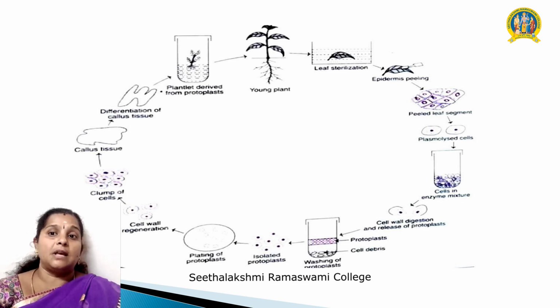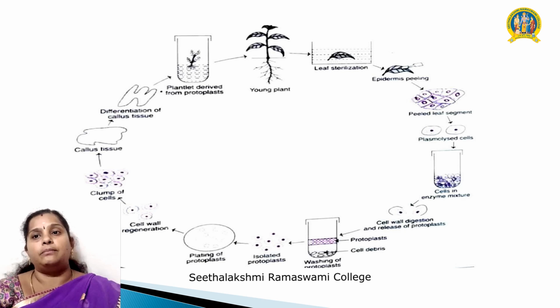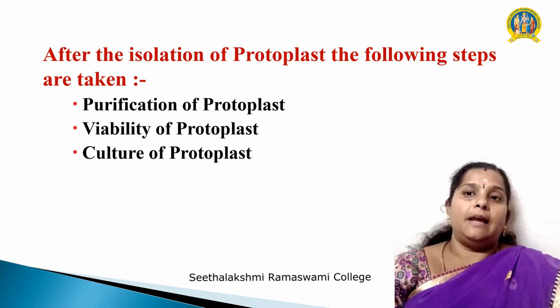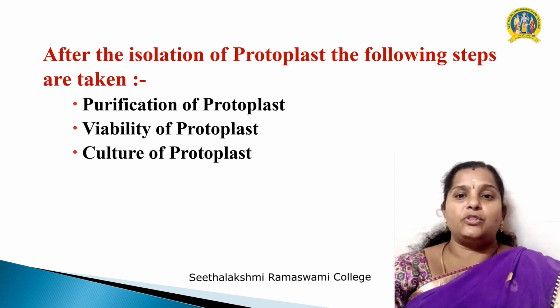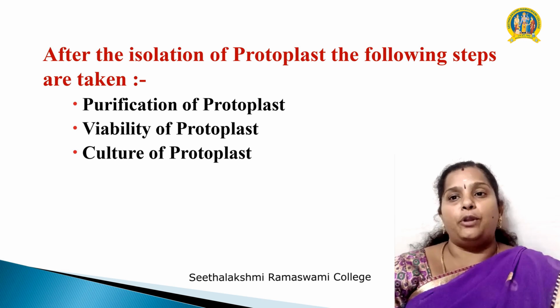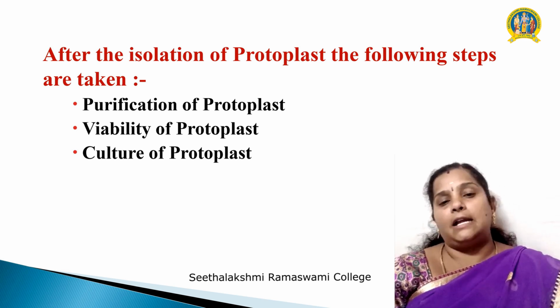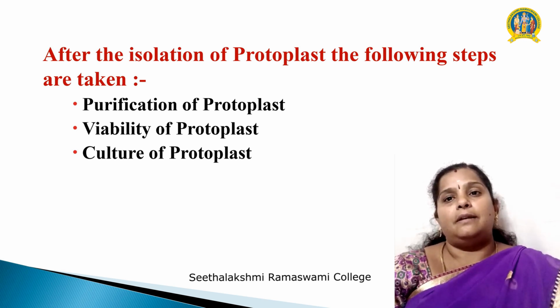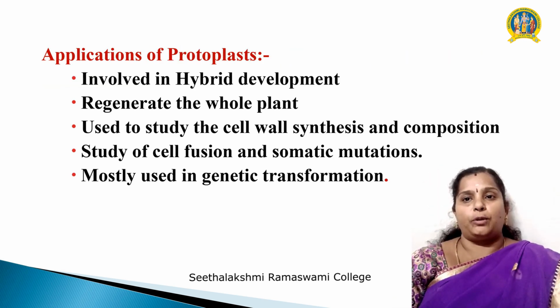These cells undergo differentiation of the callus tissue, from which plantlets are derived. These plantlets afterwards undergo hardening and produce young plants. After the isolation of protoplast, the following steps are taken: purification of protoplast, viability of protoplast, and culture of protoplast.